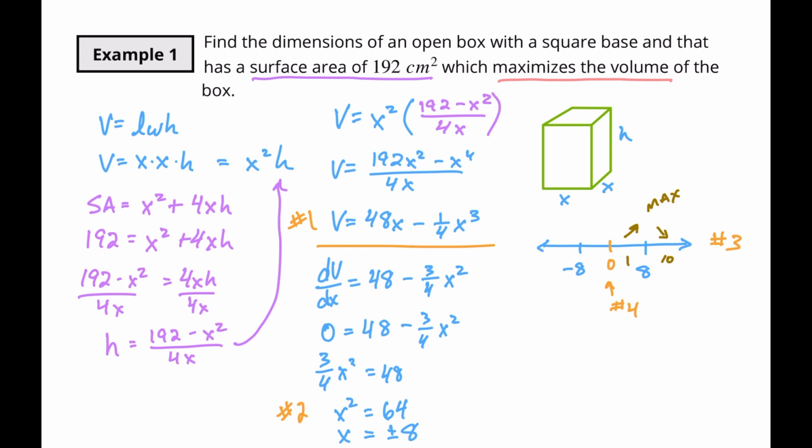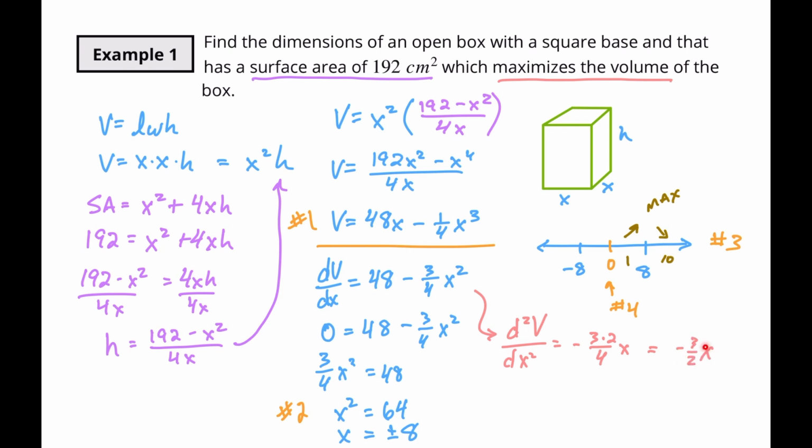The second derivative of this, d squared v over dx squared, is going to be the derivative of this piece here. Well, I know that's going to be 0, so here I'm going to take 2, multiply it out, and I'm left with negative 3 times 2 over 4 times x. That's going to equal negative 3 over 2x.